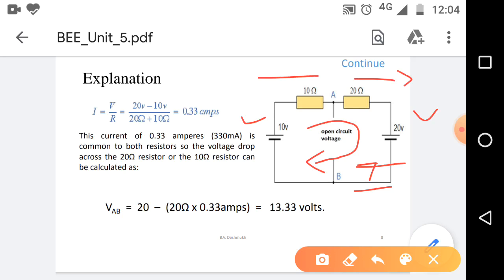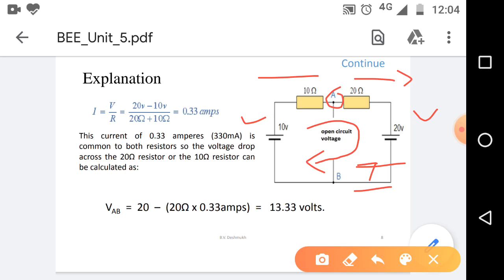Now our aim is to find the voltage at point A, or VAB, which is equal to 20 minus 20 into 0.33 ampere.